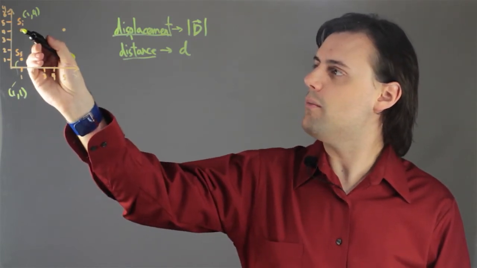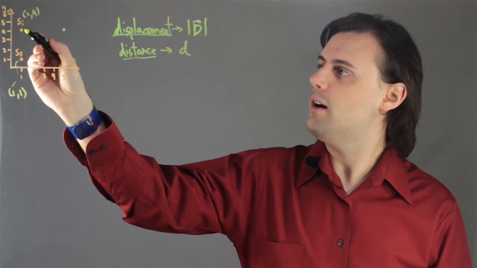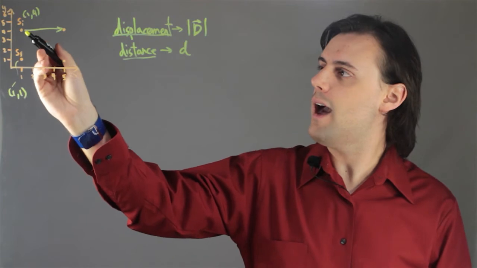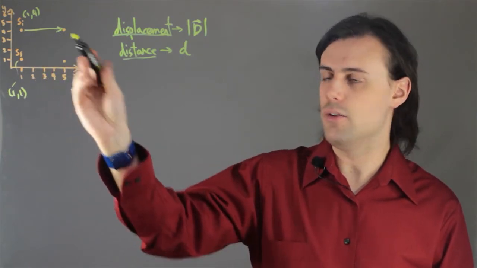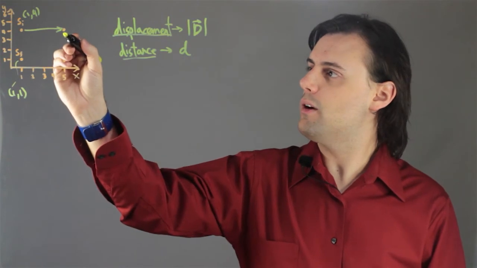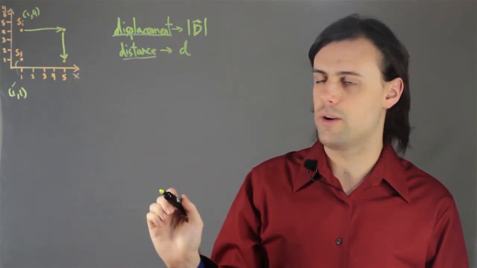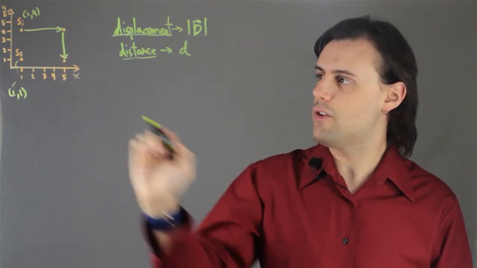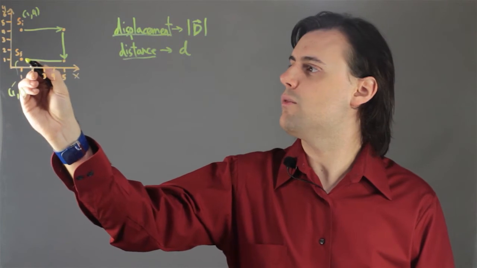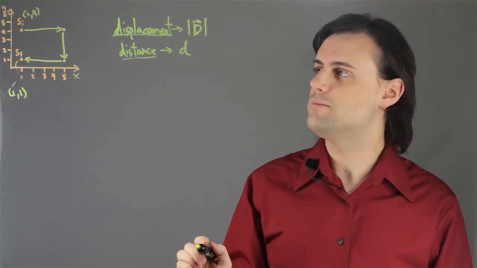So going from s sub i, my initial point, to my next point, I can draw an arrow, and this arrow has a magnitude and it also has a direction, so it is a vector. From this point I go down to this third point, and again I have another vector, and finally from that third point I reach my destination via this third arrow.